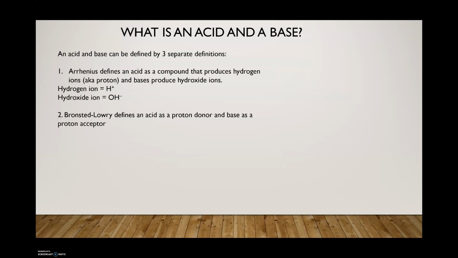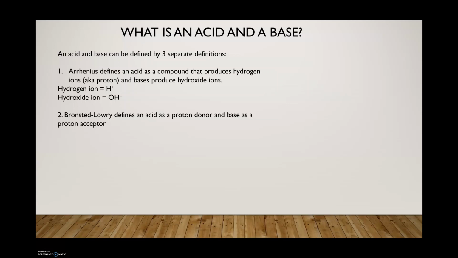Number 2 definition here is Bronsted-Lowry. Bronsted-Lowry defines an acid as a proton donor and a base as a proton acceptor. Now, not everything falls underneath both definitions, and so that's why there are multiple definitions that define acids and bases.